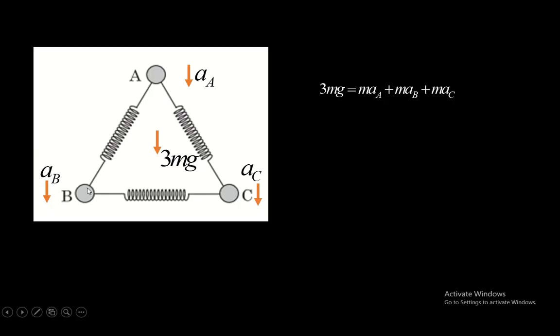So suppose we consider ball B. There are three forces acting on ball B: its weight and two spring forces, and nothing is changing. Weight is a constant, of course. This spring force will not change because the length of the spring cannot change. Similarly, this spring force will not change because the length of this spring as well cannot change.